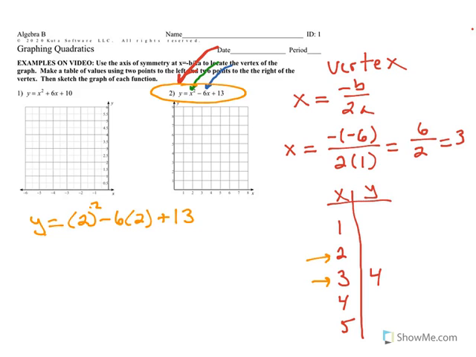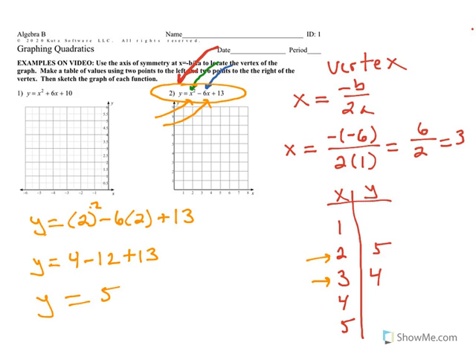So again, these x values are just going right into the equation. So that's going to get you 4 minus 12 plus 13. And if we work that out, that should get us, it looks like, 5. So we can put 5 into the chart.